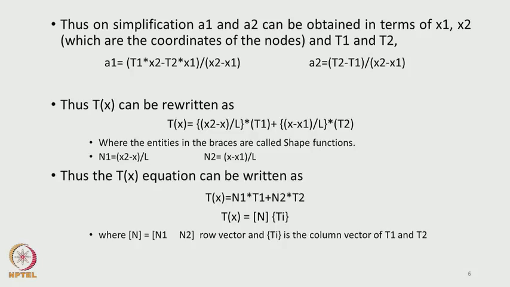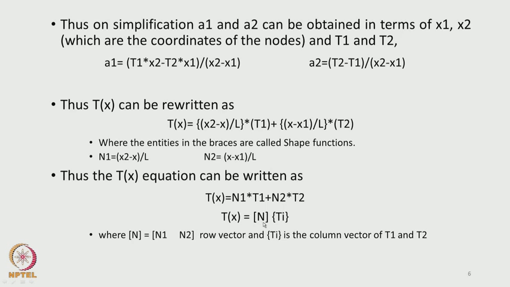Imagine or assume that you are going to extend this for the entire one dimensional domain that you have considered. So, we have so many elements, and we extend this procedure for each element, or in generic form you can write it as T of x equals N and T of i. Now, in this case N is a shape function and this is a matrix form.